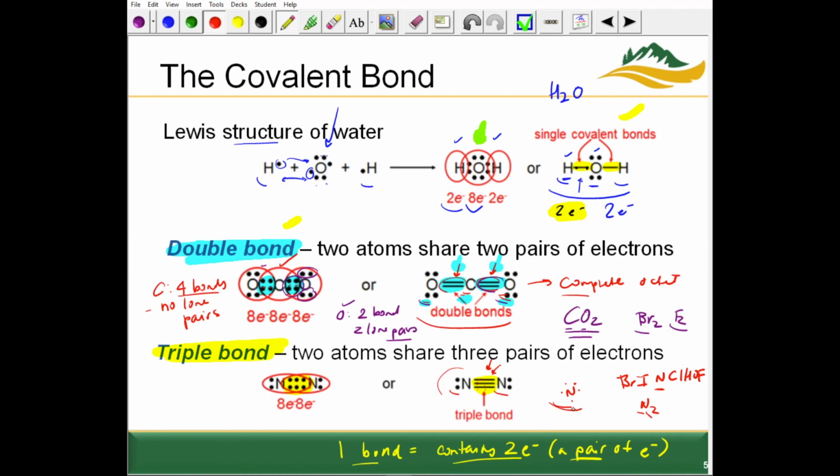So nitrogen starts out with 5 valence electrons. To have a happy complete octet, it needs to share 3 electrons with another nitrogen. To share 3 electrons means that it's sharing 1, 2, 3 electrons with this other nitrogen so that this has a happy octet and this one has a happy octet. And so again, that octet is 1, 2, then 3, 4, 5, 6, 7, 8. It's sharing 3 electrons with the other nitrogen, so it's not contributing all 8 electrons from itself.